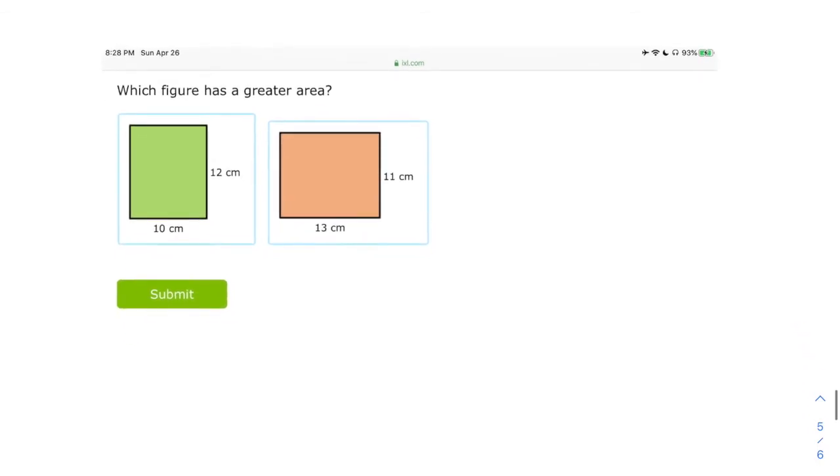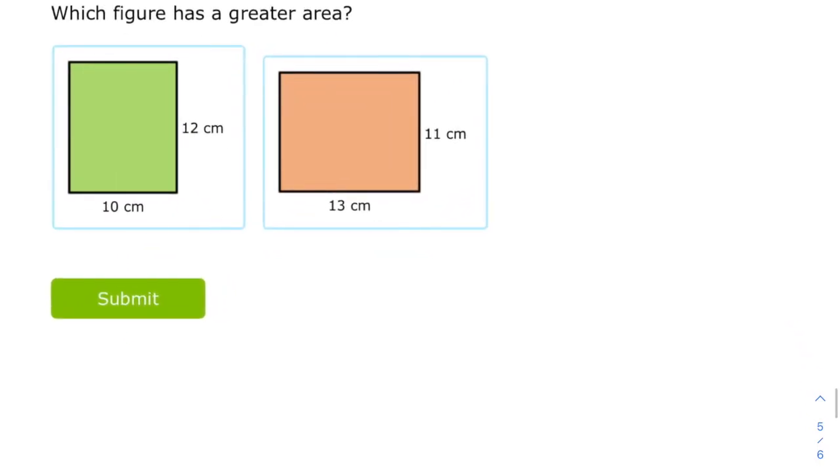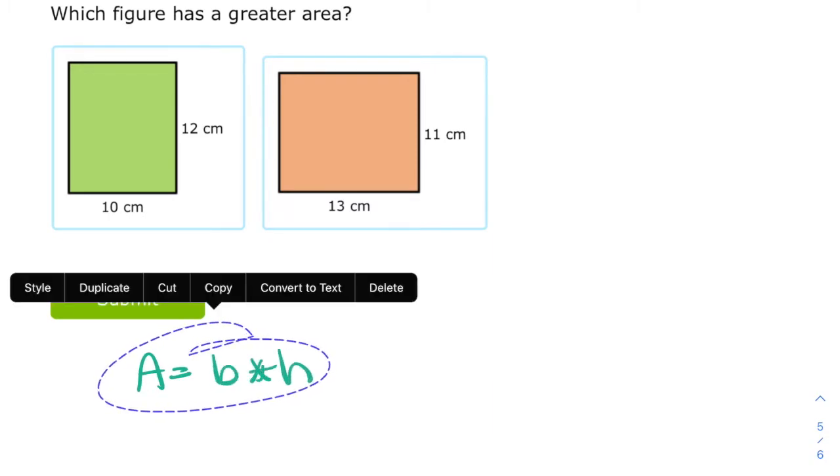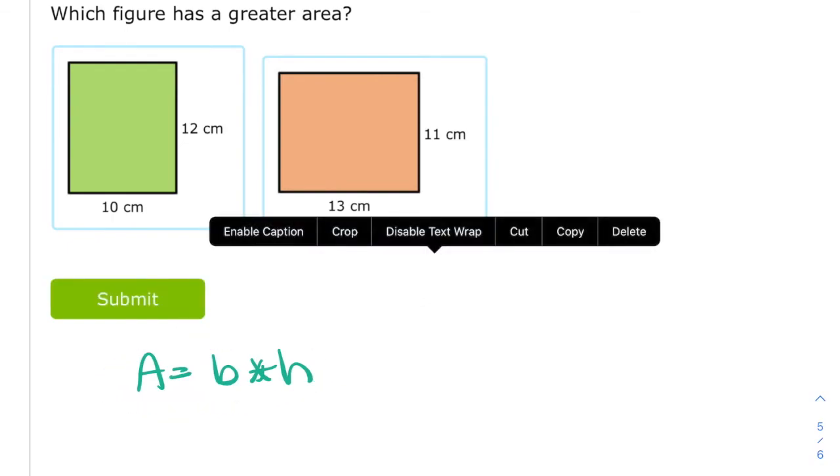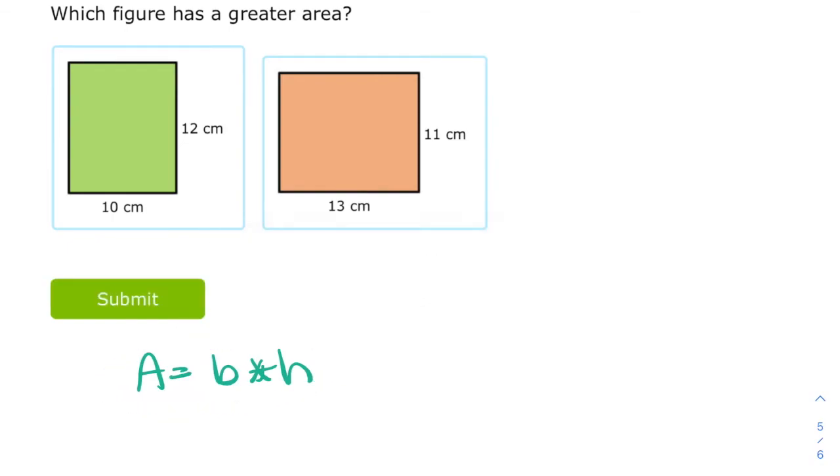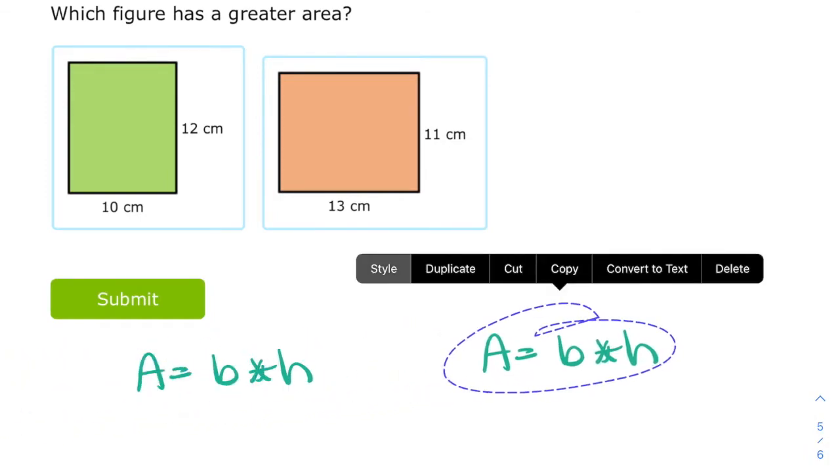All right, the next one, which one has a greater area? Okay. So area equals base times height. And I am also going to copy that over here. It does not like when I try to paste on top of the picture.